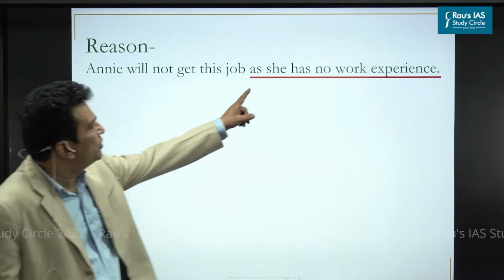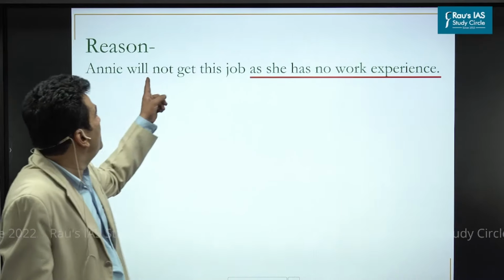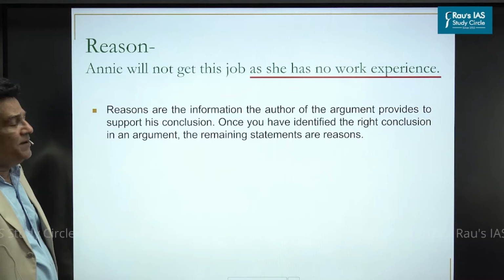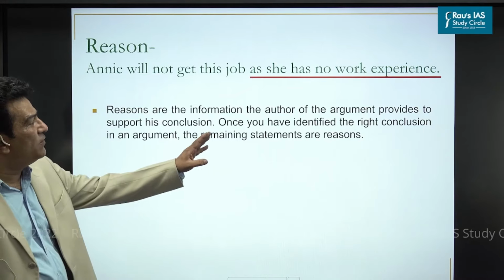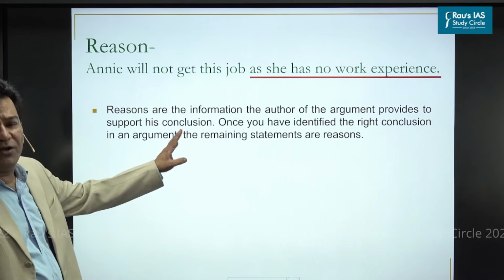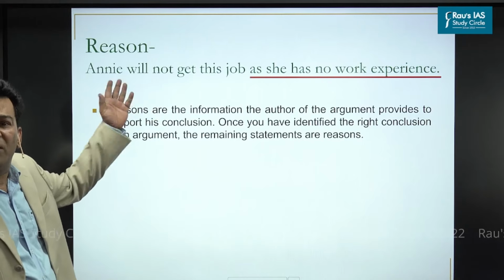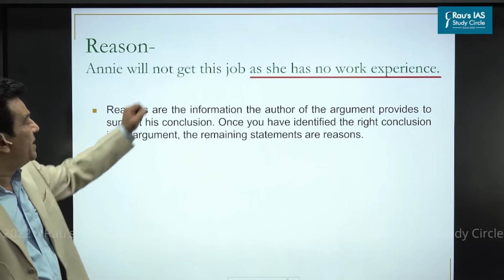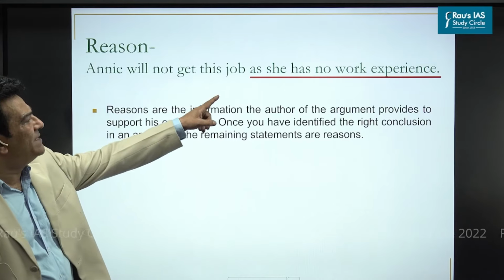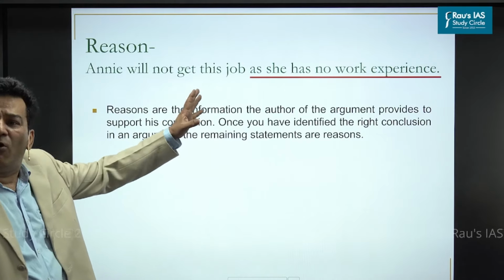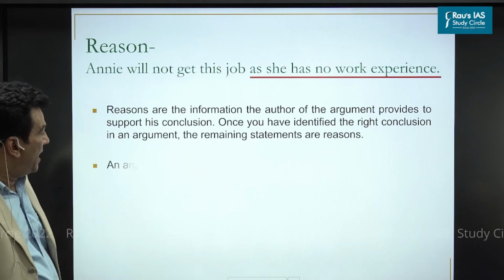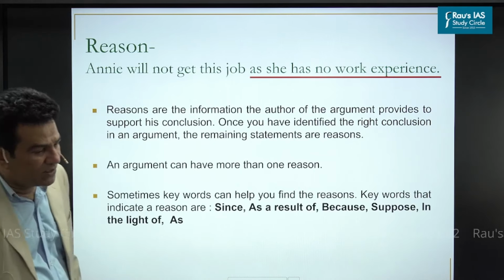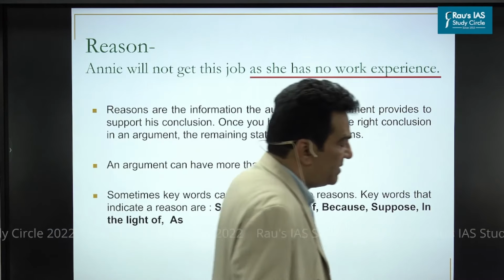This particular portion of the argument which is supporting the conclusion is called reasons, and reasons are the information that the author of the argument provides to support his conclusion or to convince about his conclusion. Once you have identified the right conclusion in the argument, whatever remaining part is present in this argument, all of that would be reasons. Again, in case of reasons also, there are certain keywords which help you identify a particular confusing reason.